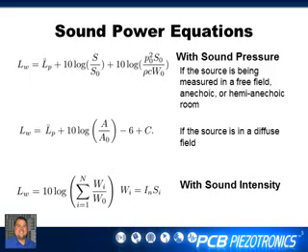So on this slide you see the three equations that are used in regards to calculating sound power from the various measurements we would actually take. The first two equations here, you see sound pressure is the very first variable.